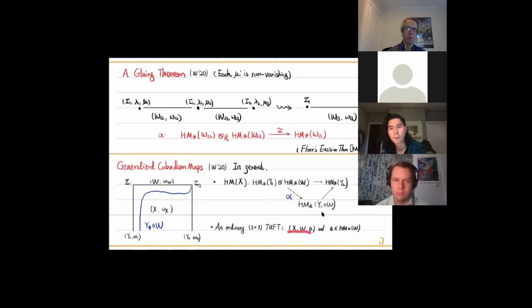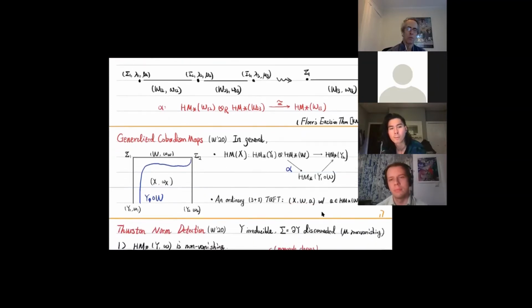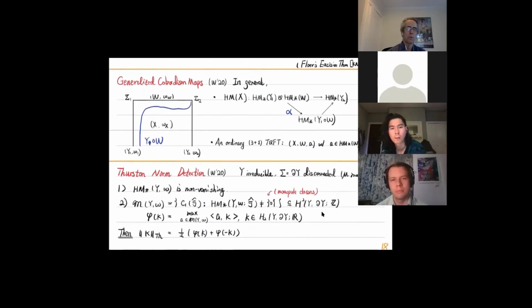But here, in order to make sense of compositions of morphisms, you really need this gluing map alpha. So we do have a TQFT structure in this case.